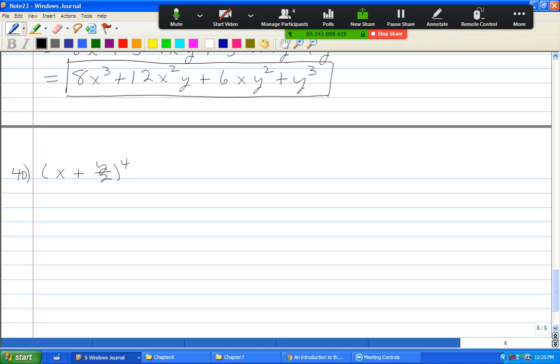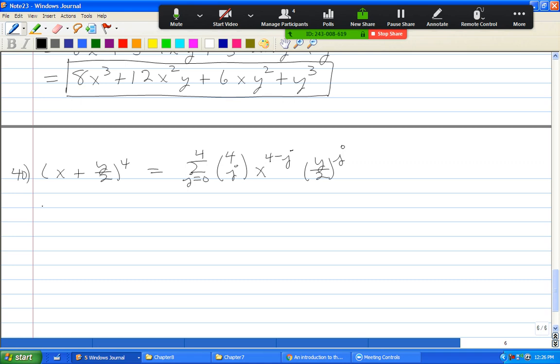Okay, so this is going to equal the sum j equaling 0 to 4, 4cj x to the 4 minus j, y over 2 to the j.